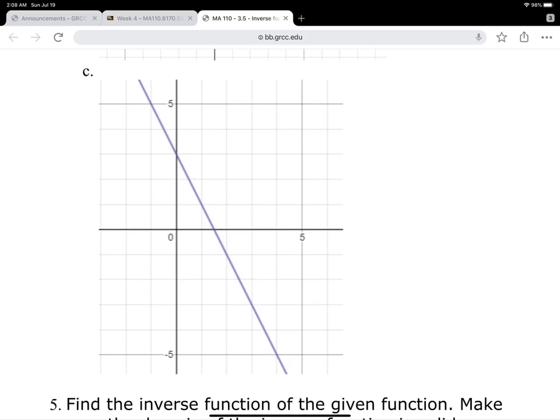Alright, so again, this one's going to be pretty straightforward. Straight lines are easier to figure out. So this is (0, 3). This is (2, -1). Having these two points, I can figure out what the inverse is. (0, 3) means I have (3, 0). (2, -1) means (-1, 2).